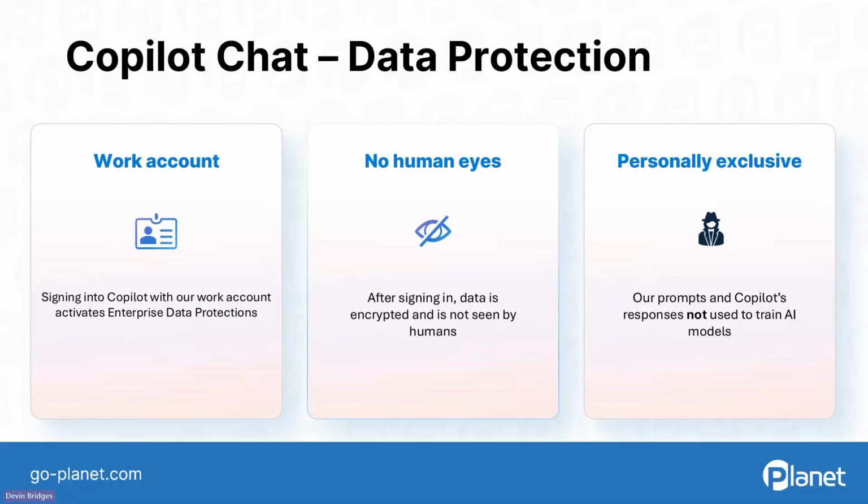Your data is not being used to train the underlying models or contribute to the development of the tool itself. In other words, that data stays with you and within your organization. This allows us to confidently use Copilot with more sensitive data or topics and ultimately get more value and efficiency out of our day.